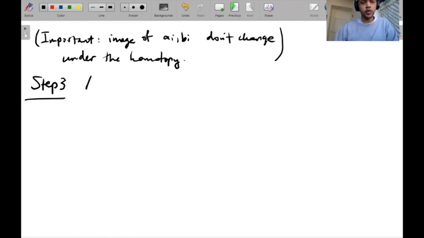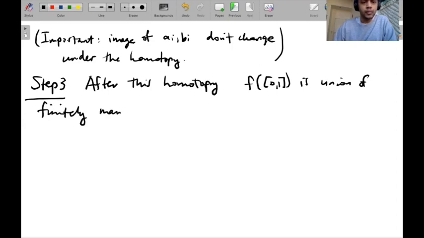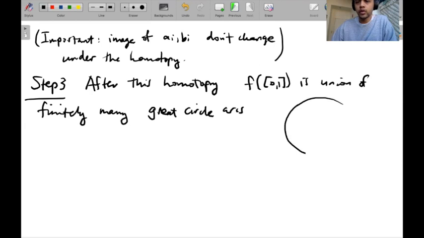So after this homotopy, the image of f, so I'm still calling it f, but this is a new f, we've homotoped it, is a union of finitely many great circle arcs. So let me draw a picture.